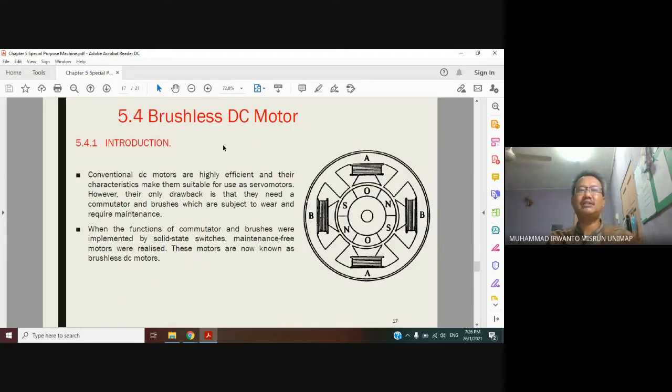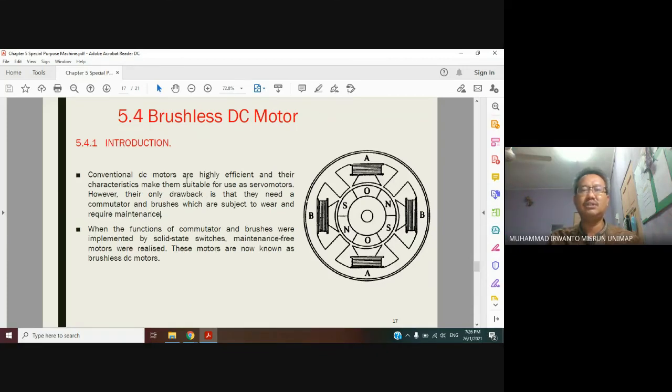Okay, the last is the brushless DC motor. As an introduction, conventional DC motors are highly efficient and their characteristics make them suitable for use as servo motors. However, their only drawback is that they need a commutator and brushes, which are subjected to wear and require maintenance.